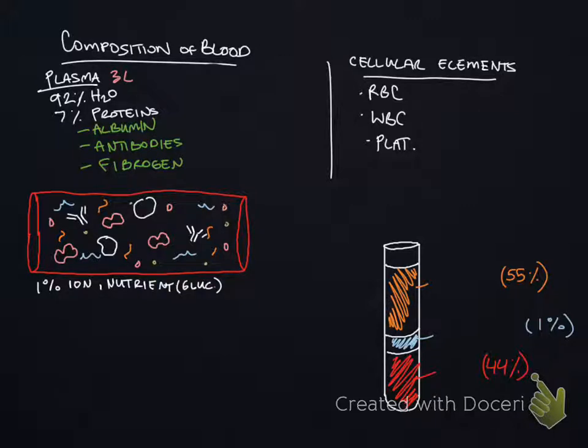So platelets, just a little side note here, platelets are, we said, fragments of cells, and they're formed from a bigger cell called megakaryocytes. Okay, megakaryocytes.